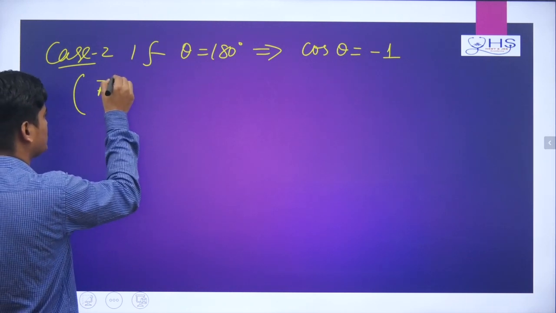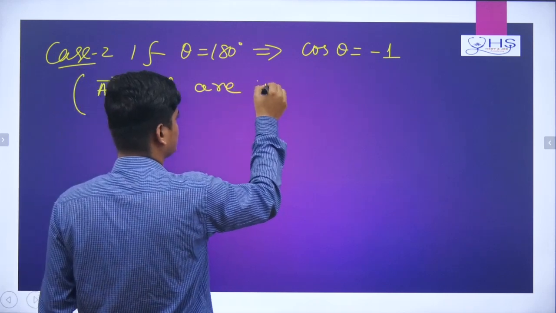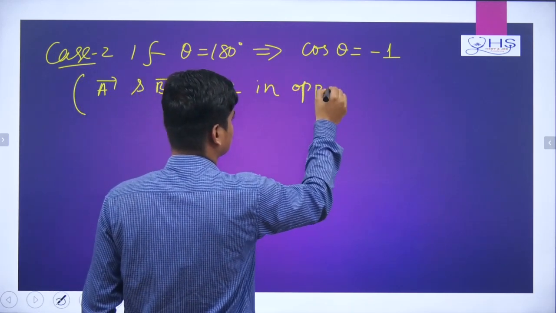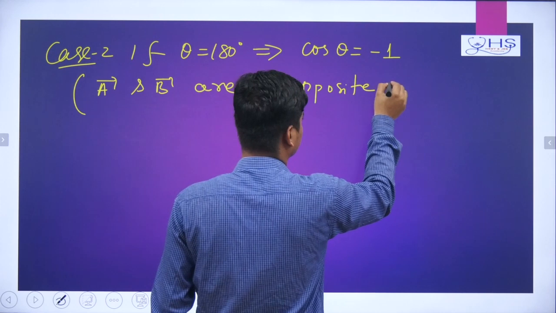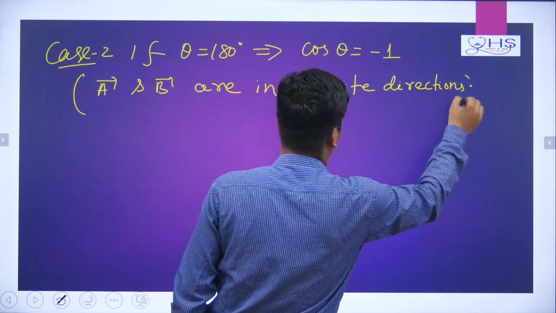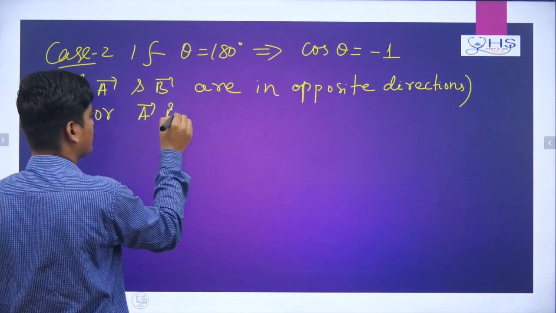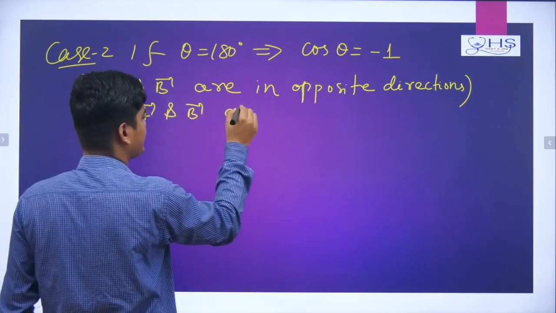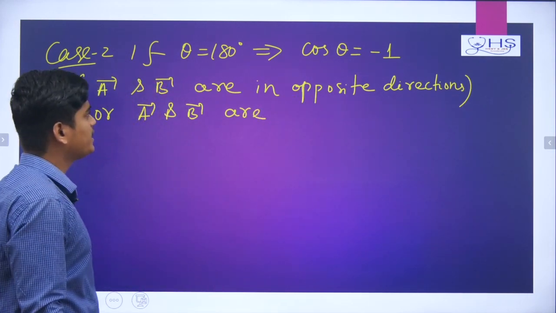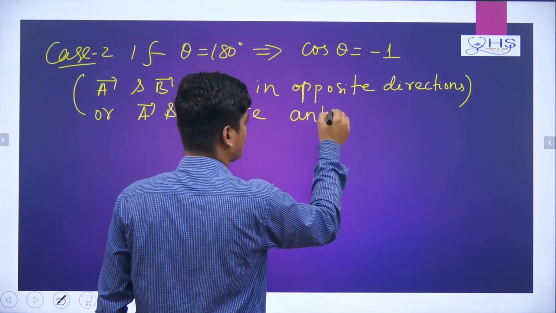That means A vector and B vector are in opposite direction, or you can tell A vector and B vector are anti-parallel. When the angle is 180, the two vectors are in opposite direction and are anti-parallel.